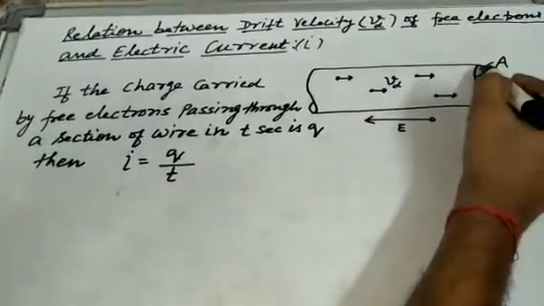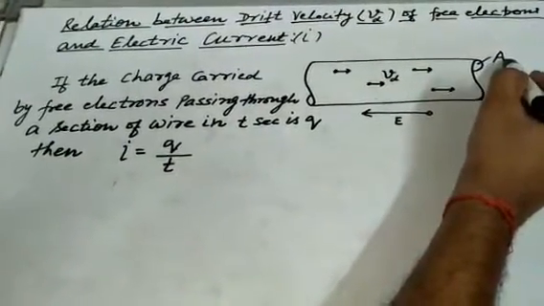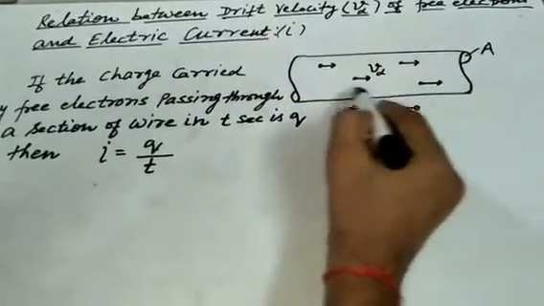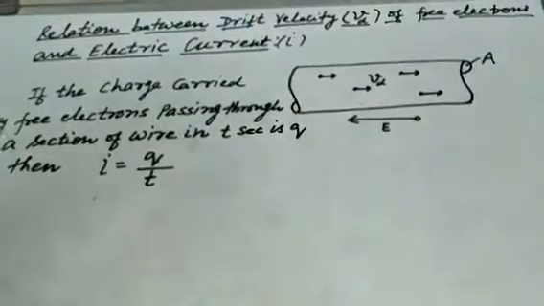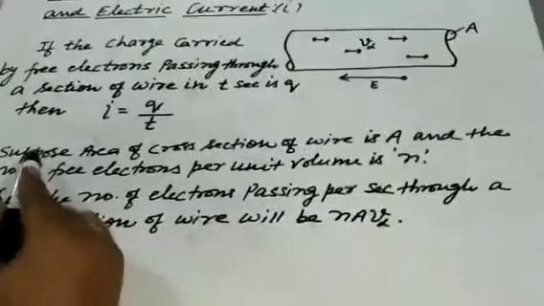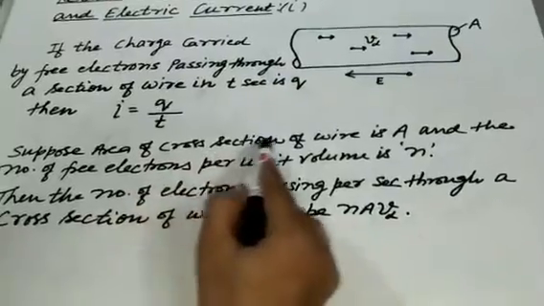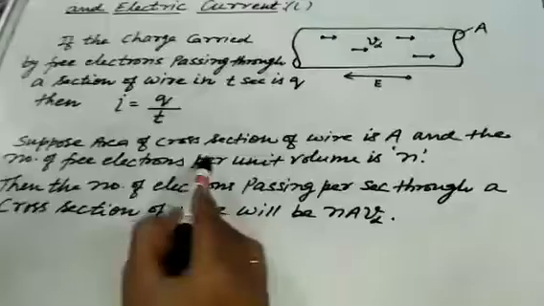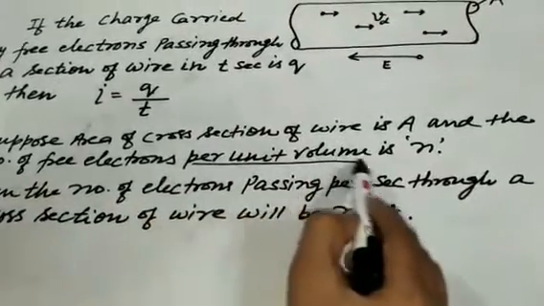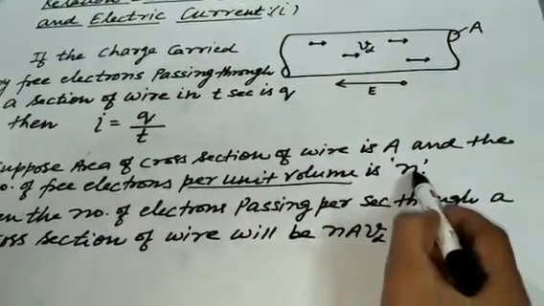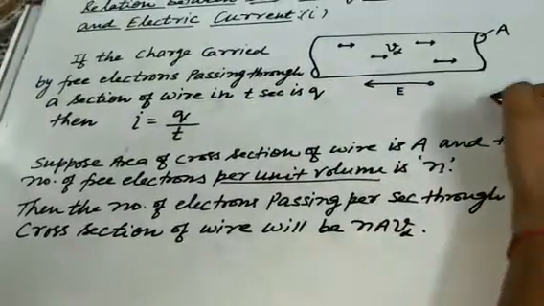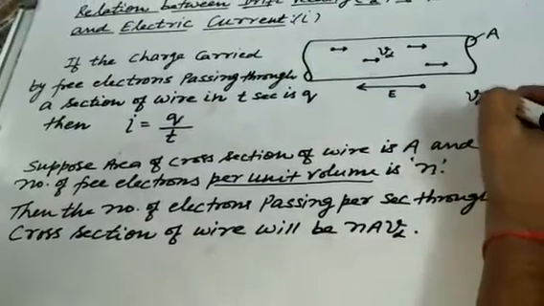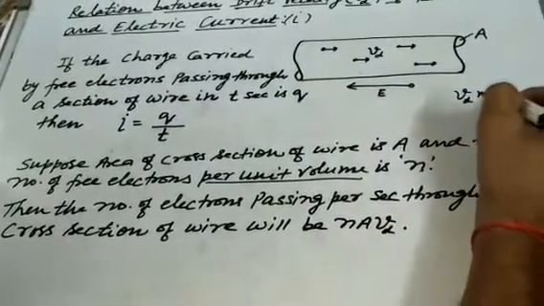Suppose the area of cross section of the wire is A and the number of free electrons per unit volume of this conductor is N. Its drift velocity is Vd meter per second.